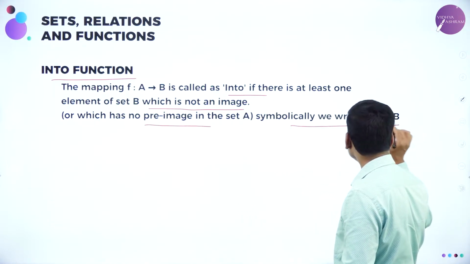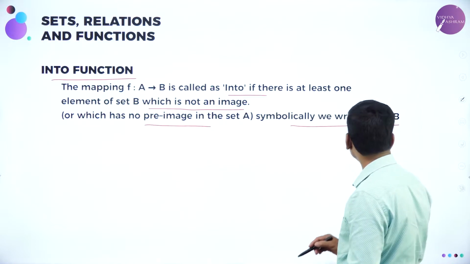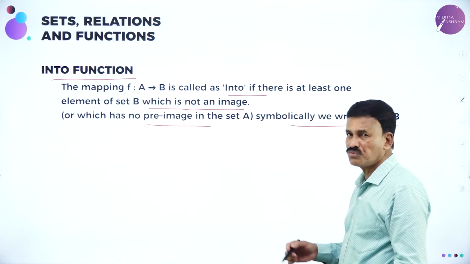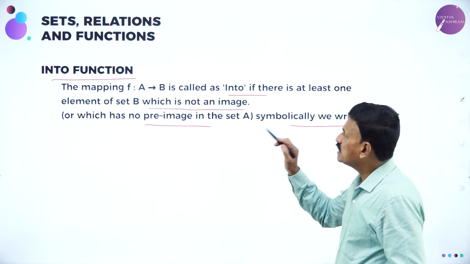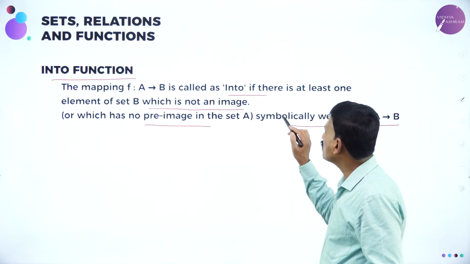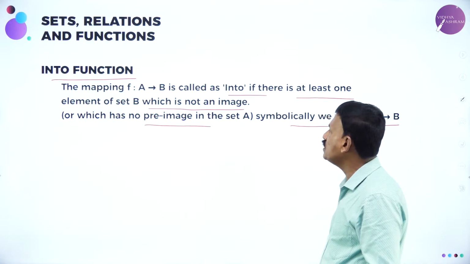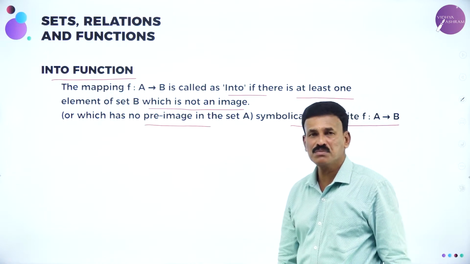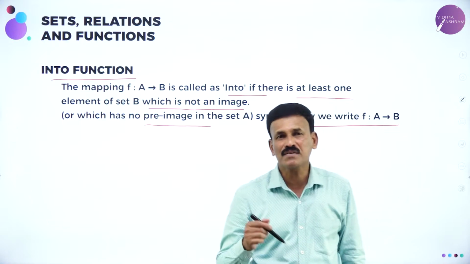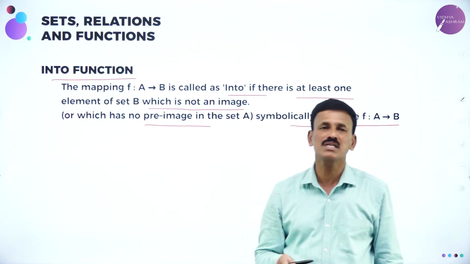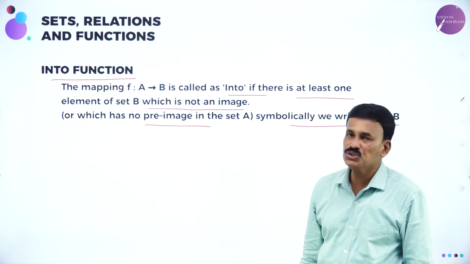Symbolically we write f from A to B as an into function. That means at least one element of the set B is not used. Such a function is called an into function.